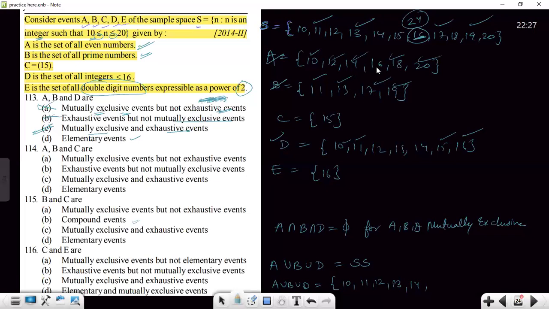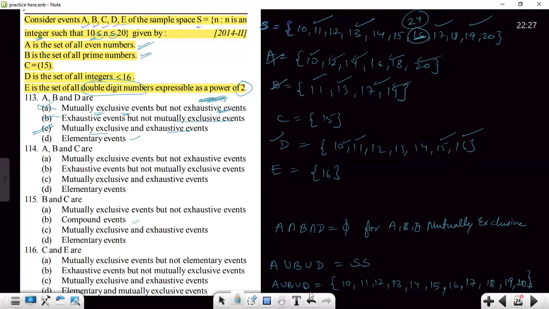15, then what else can be written? Yes, 15 from the D set. Then 16 from the D set or A set. Then 17 from the B set. Then 18 from the A set. 19 from the B set. 20 from the A set. Nothing else. Is this equal to the sample space?